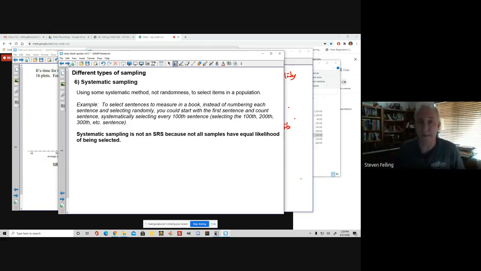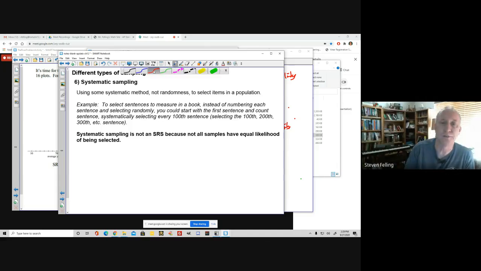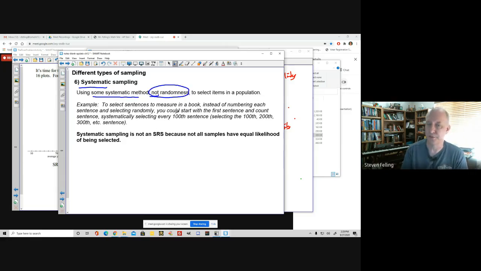So there's another method, sometimes gets done, it's called systematic. So systematic does not use randomness, no randomness. Instead, it uses some sort of a system or a rule or an algorithm. Let's say we're doing the sentences in a book thing. So select sentences to measure in a book. Instead of numbering every sentence, which is a big pain, maybe we could just start with the first sentence and then just count off sentences.